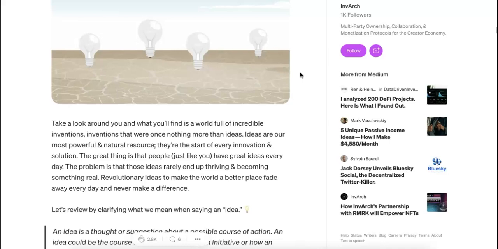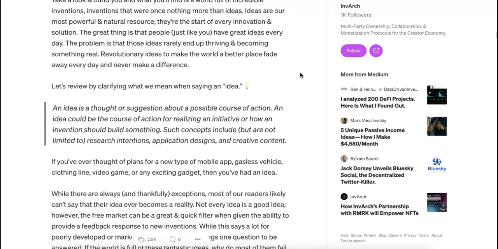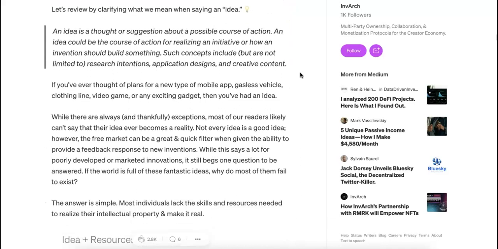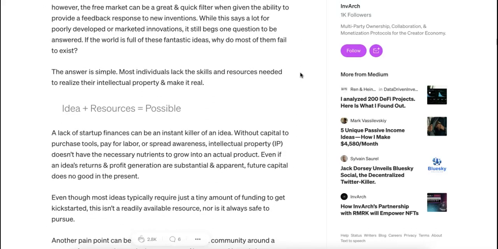And so InvArch mentioned, what makes it possible, and why some people cannot make it possible. It's because of the resources. If you have the idea but you don't have the resources to make it work, it will not be possible. So that's the thing they want to solve.